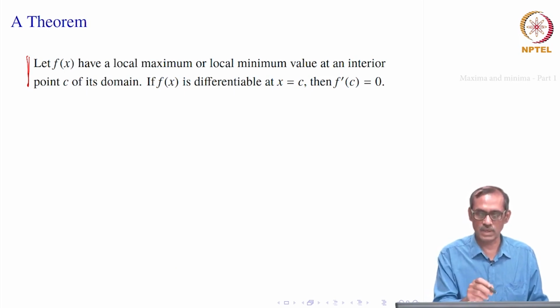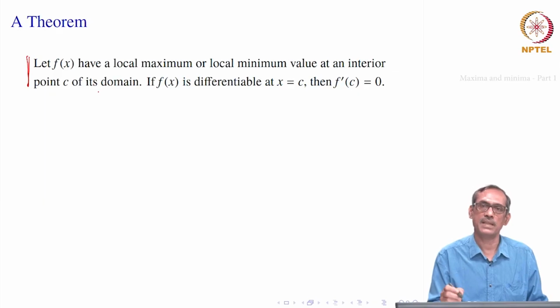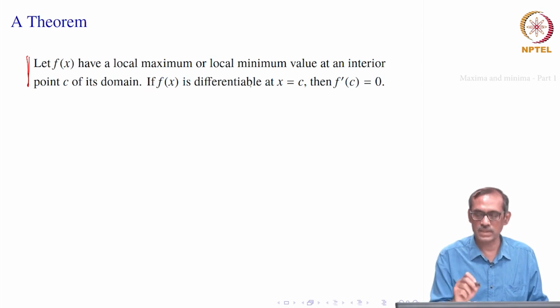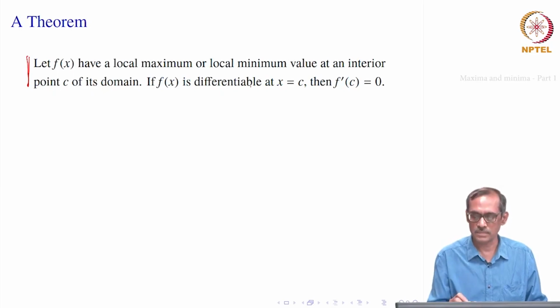So, this talks about interior points only. If c is an interior point of local extremum, the statement says that if f(x) is differentiable at x equal to c, then f prime of c must be equal to 0.